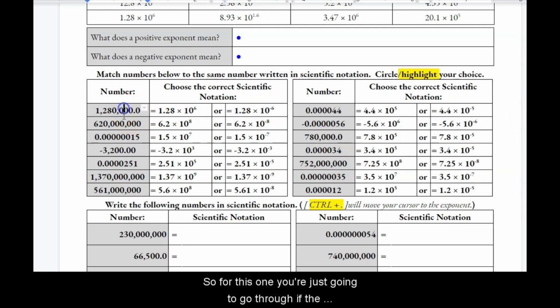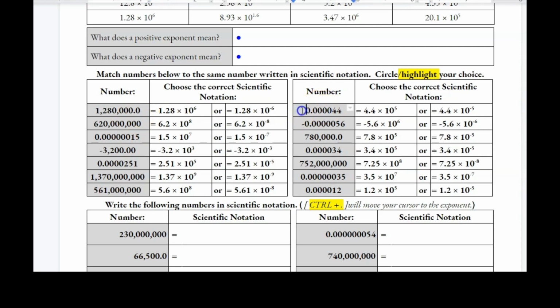And so for this one, you're just going to go through, if the number is less than 1, and you double check, and in order to get this decimal to be over here, so that there's only one whole number to the left, you had to move left to get there, then that would mean that is a positive exponent.